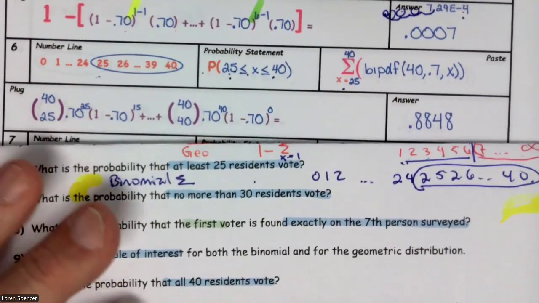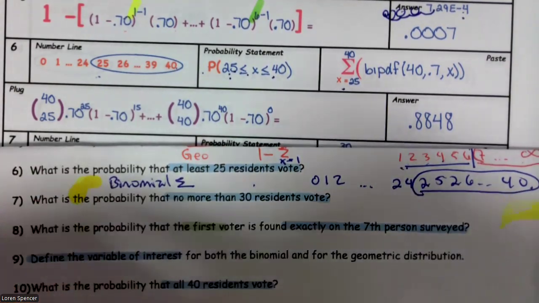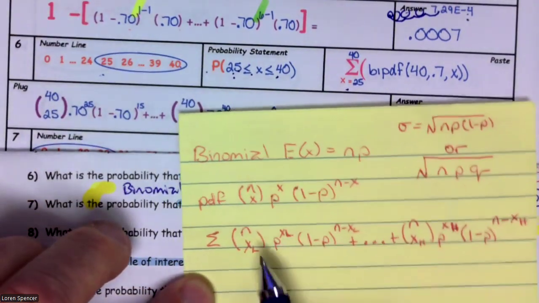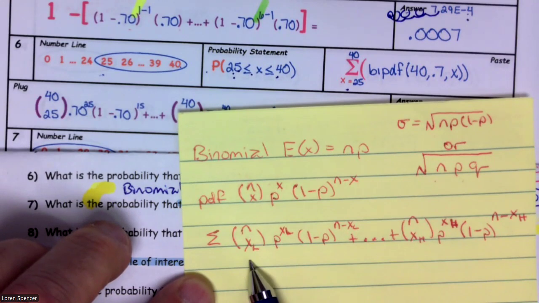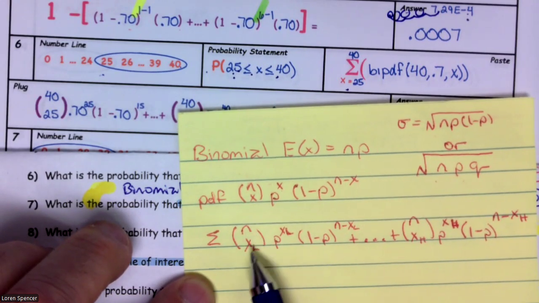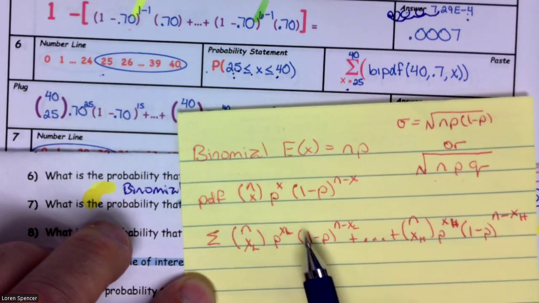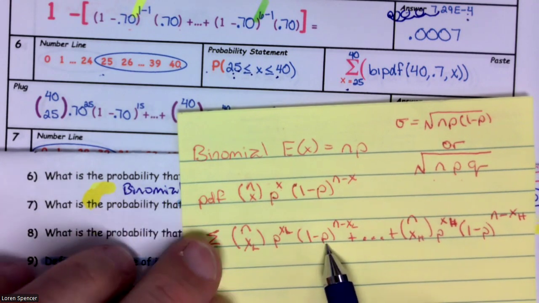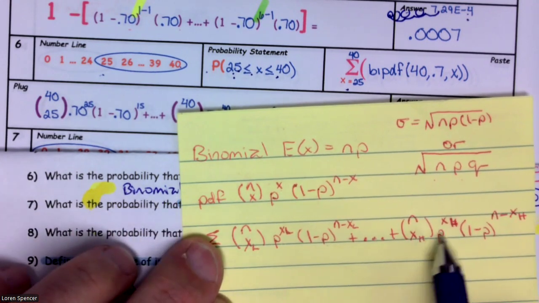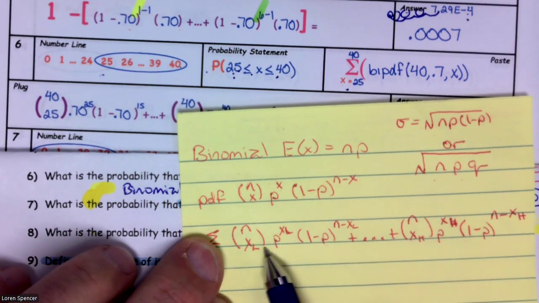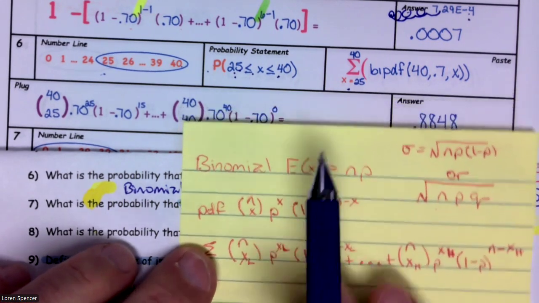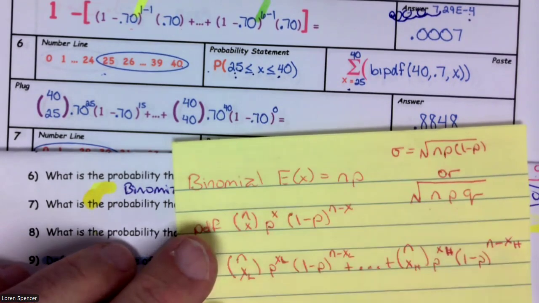And once again, our binomial formula. N choose X. All right. N choose the X lower, probability to the X lower, 1 minus the probability to the N minus the X lower, and this is X higher. So the L's for lower, the H is for high. Well, notice what is our low value?